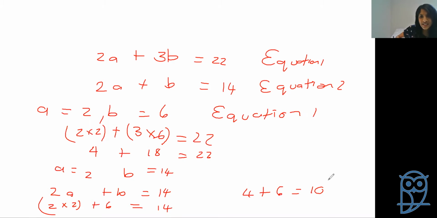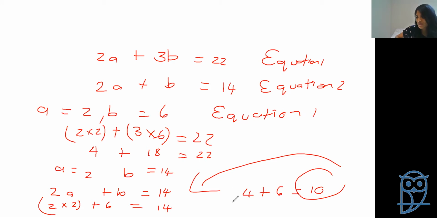Now, 10 is definitely not equal to 14. So in this instance, the value of the left-hand side does not equal the value of the right-hand side, so the solution is not the same for both sides of this equation.